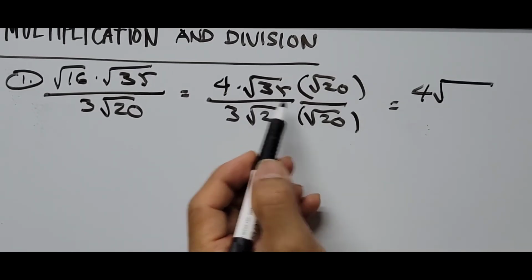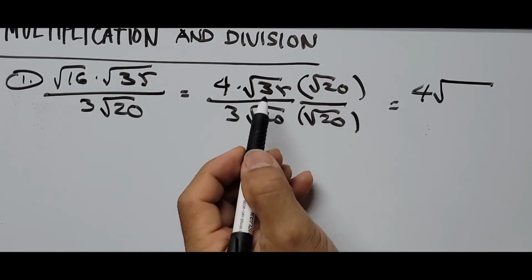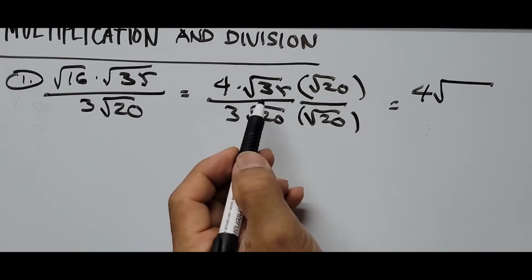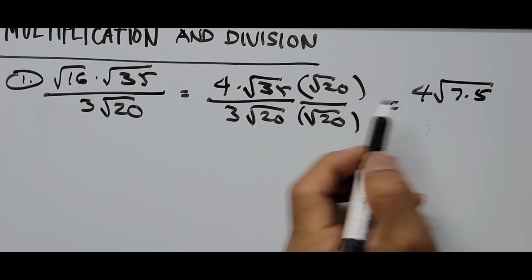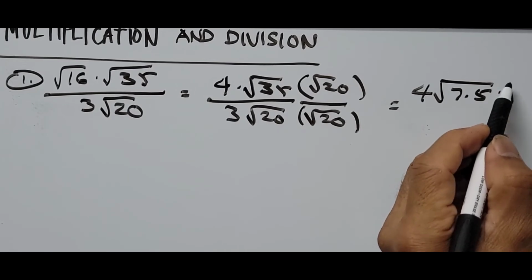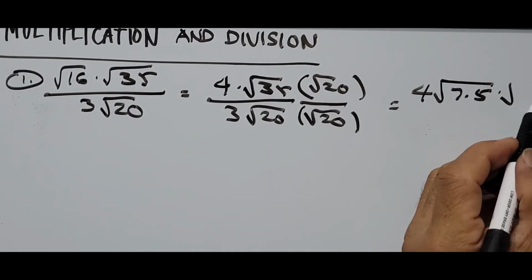So 35, what are the factors of 35? That is 5, 7 times 5 is 35. That is square root of 7 times 5. And then square root of 20, factors is 5 times 4, or 10 times 2.